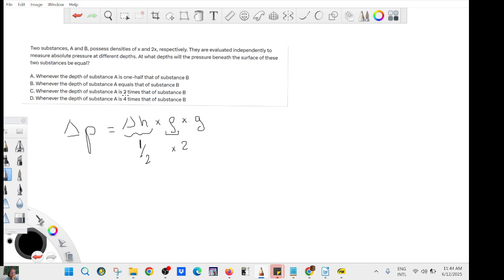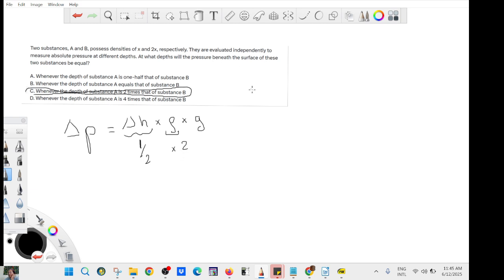Whenever the density is multiplied by 2, the height will be multiplied by 2 for A. So it means the depth for substance A is 2 times.